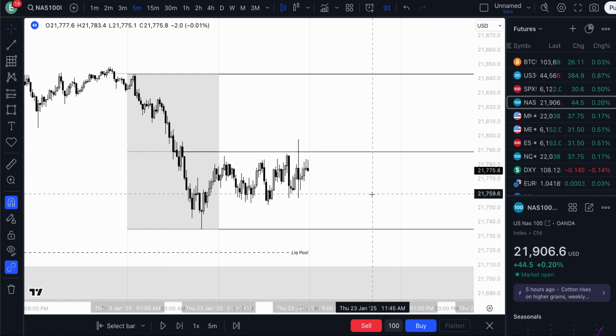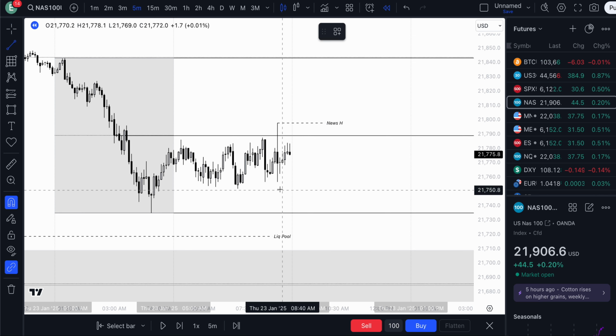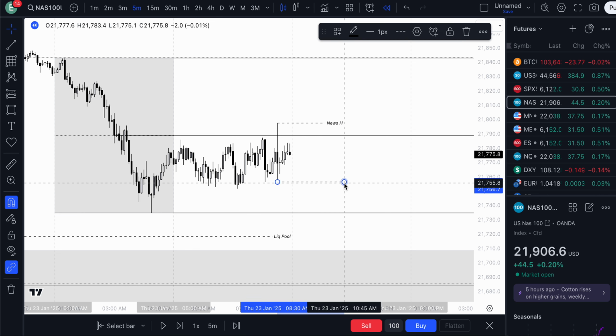That was this candle right here. We can mark these out as our news high and news low.